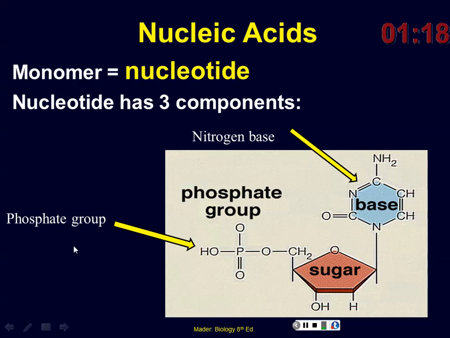It's going to have a phosphate group, which is that area right there for this example. And it's going to have a 5-carbon sugar, or a pentose sugar, right there. 3 components: a nitrogen base, a phosphate group, and a pentose sugar.